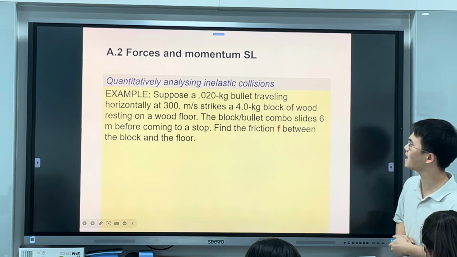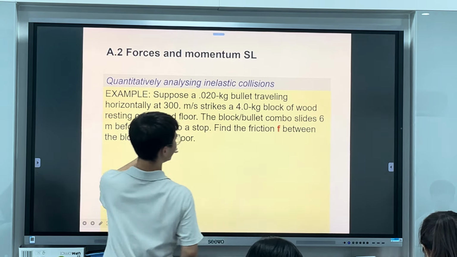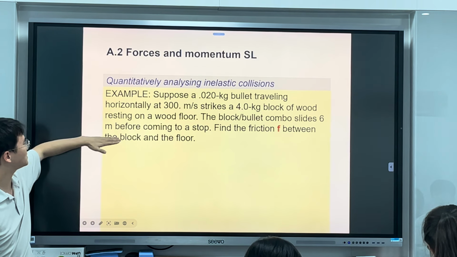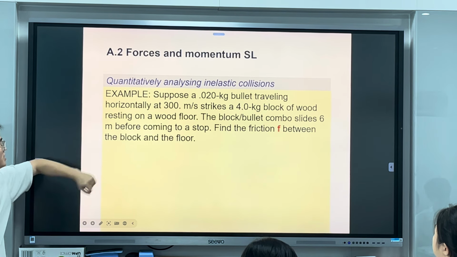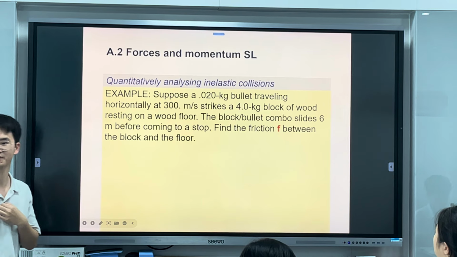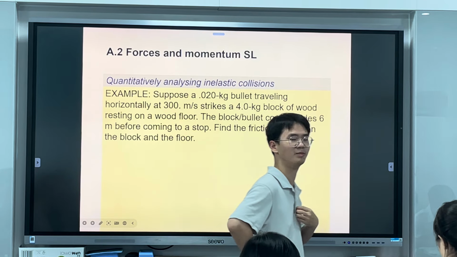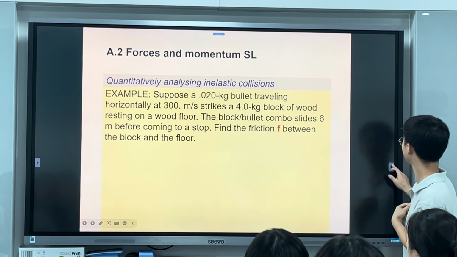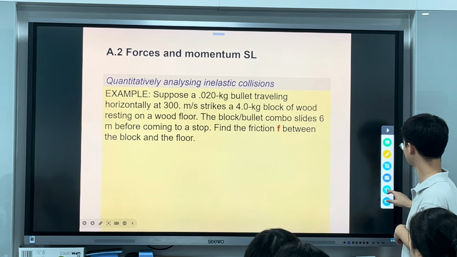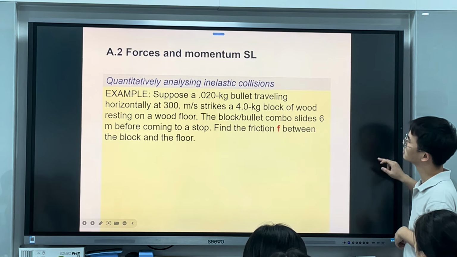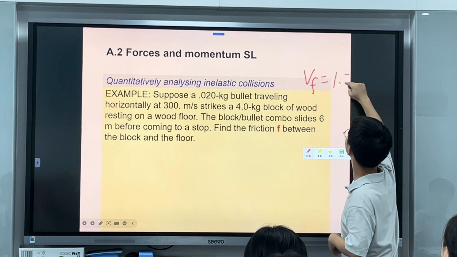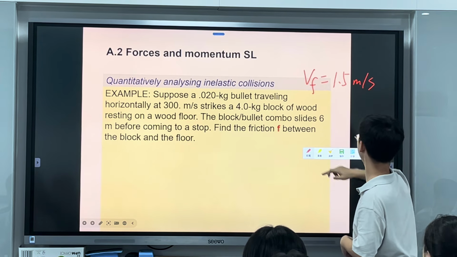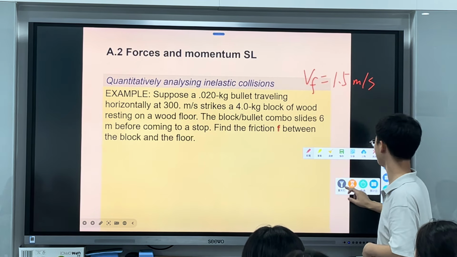Okay, now, similarly, but the block slides 6 meters before coming to a stop. Find the friction F between the block and the floor. This could be a little bit more challenging. The final velocity we found is 1.5 meters per second. I'll write it down here. I'll give you 3 minutes to think about it.